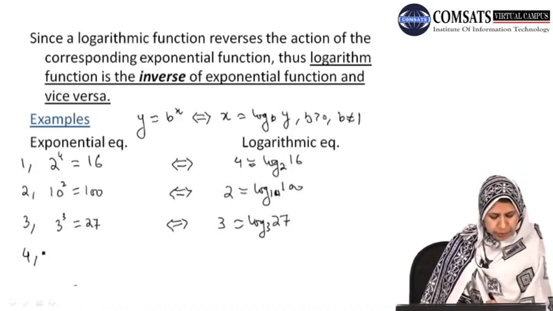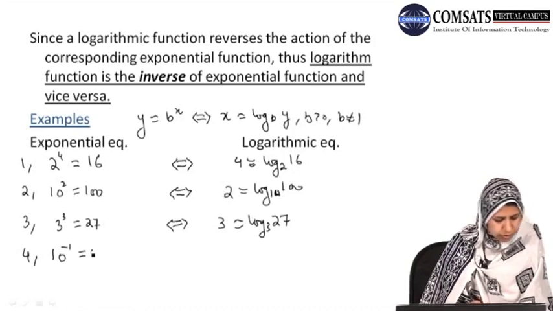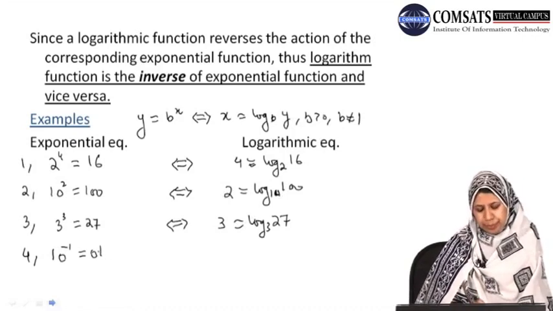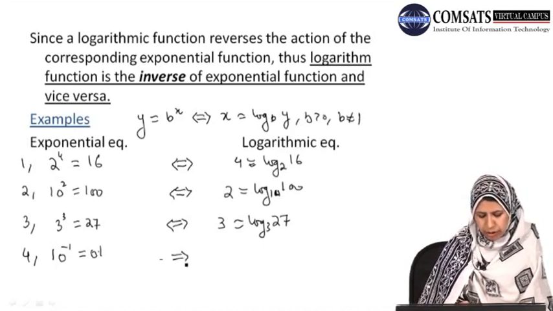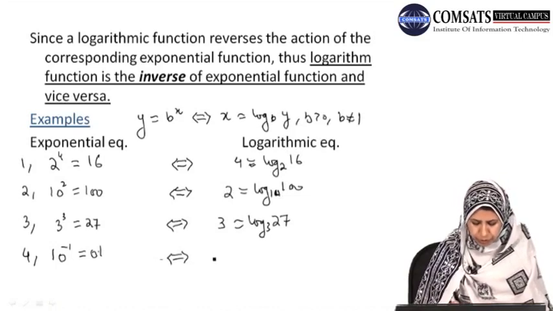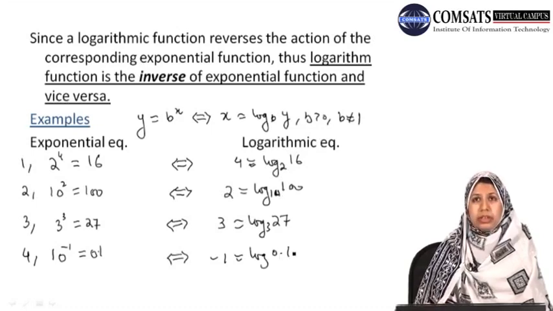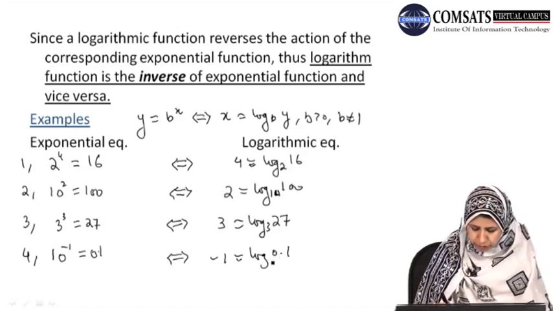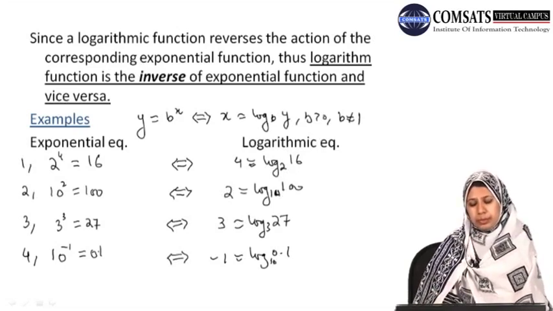One more example, we have 10 to the power minus 1 is equal to 0.1, and the corresponding logarithmic equation will be minus 1 is equal to log of 0.1 to the base 10.